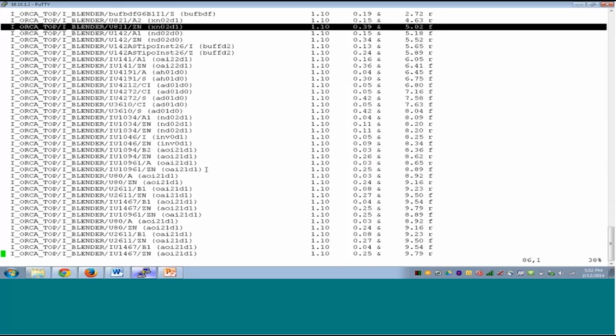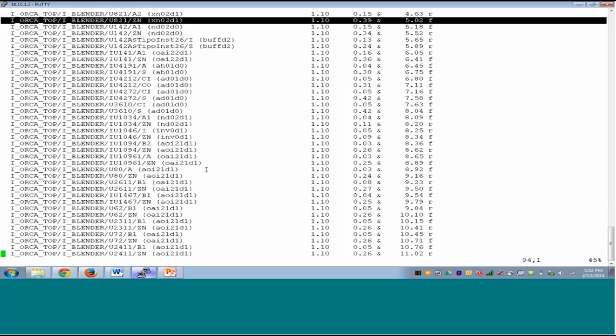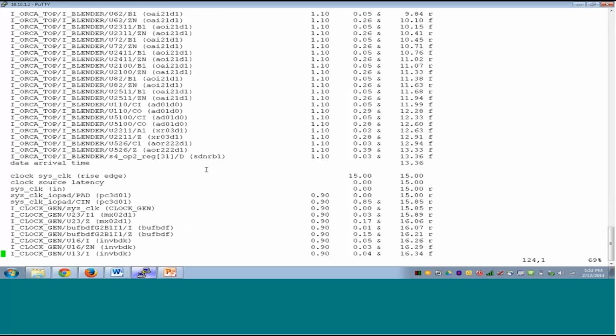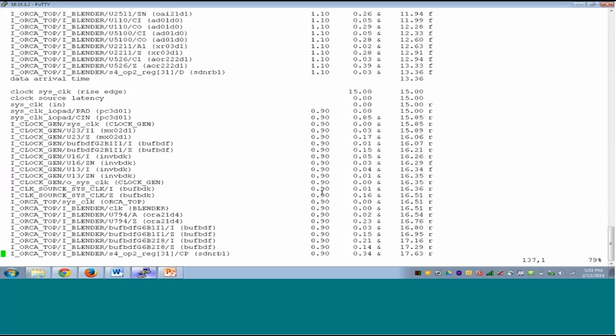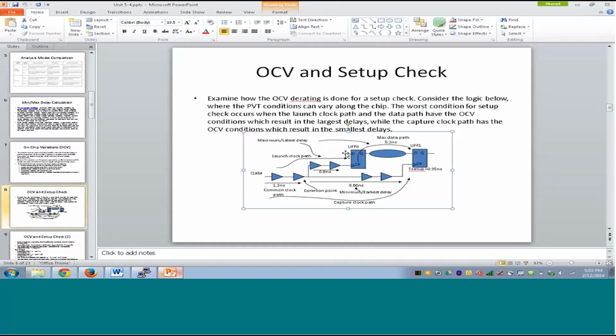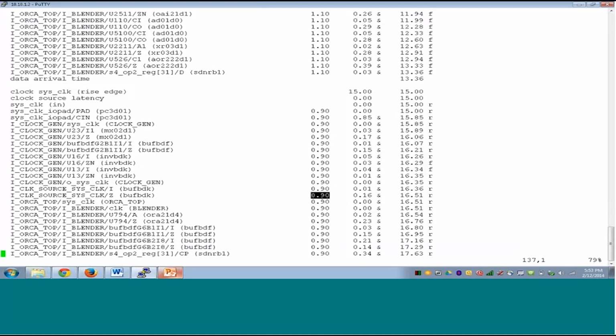So everything in the launch part, in the first part of the report, is multiplied by 1.1. It's already multiplied. It's just showing you the multiplication factor. Everything in the capture is already multiplied by 0.9 because it is the early part. So remember, for setup, the launch clock path and the data path are taken as maximum. The capture clock path is taken as minimum. It's early. So this is early, right?